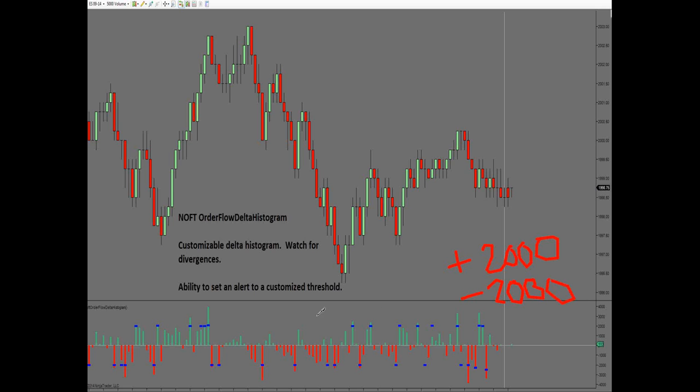It's also going to draw a little rectangle within the histogram itself. So you get an alert if you get an extreme delta reading. You'll have to play with that for different markets, but it is a cool tool, because for the most part, when you get those extremes in the delta, oftentimes they coincide with some type of pullback or reversal.